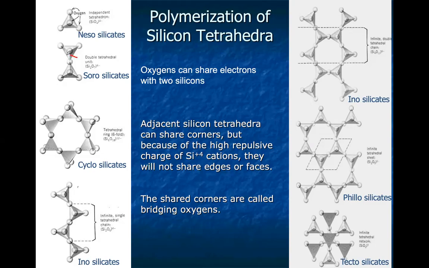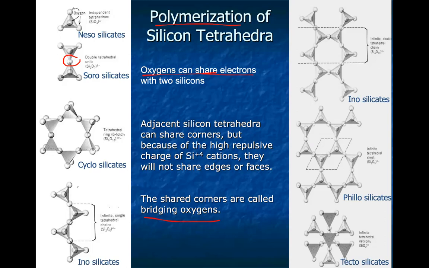So oxygen serves as a bridge for most of these silicon tetrahedra interconnections. That is what we call polymerization. Polymerization is just repeating the same unit in the molecule, which is accompanied by bridging oxygens. These bridging oxygens serve as the connectors in between these silicon tetrahedra.